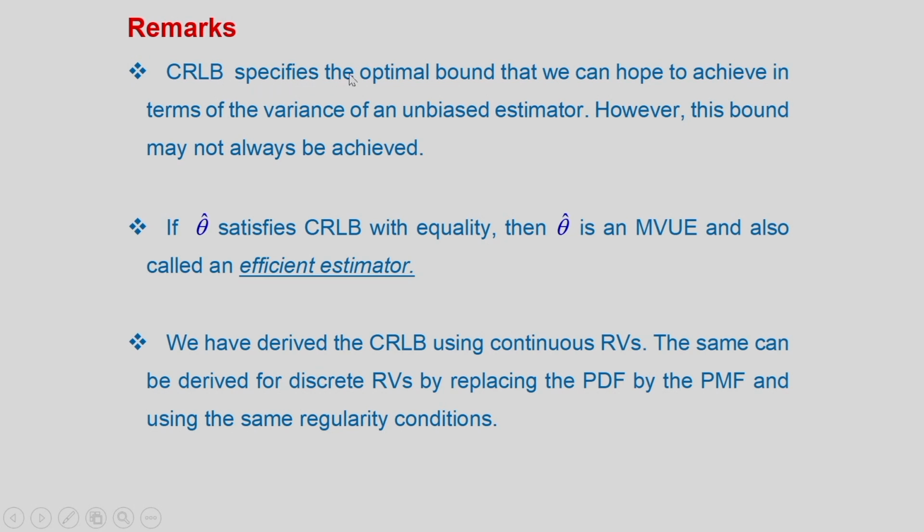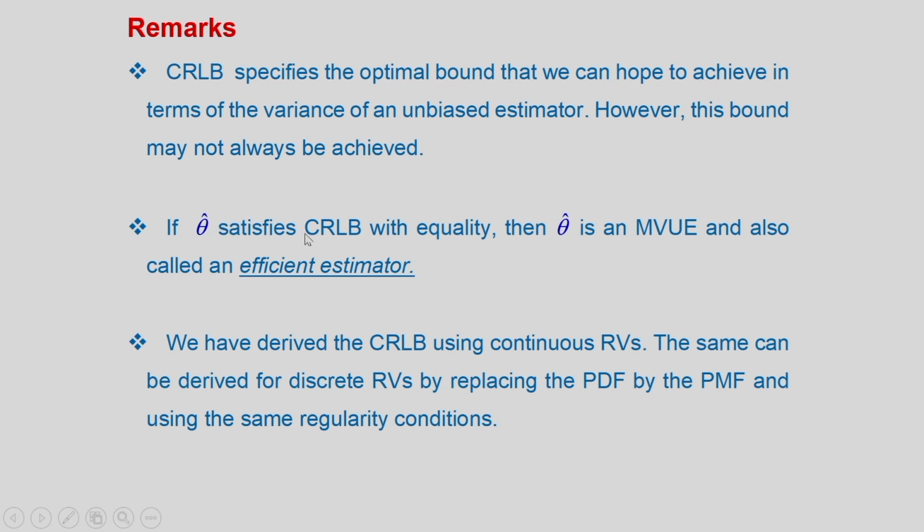CRLB specifies the optimal bound that we can hope to achieve in terms of the variance of an unbiased estimator. It is an optimal bound. However, this bound may not always be achieved, that is we may not reach this bound.